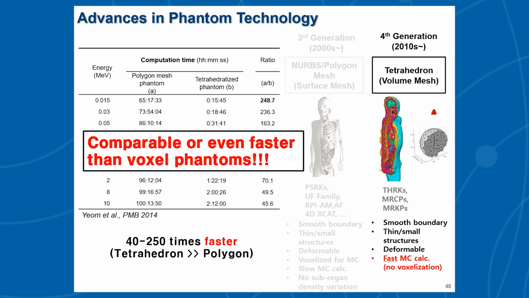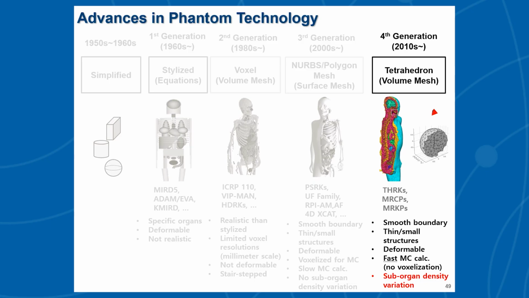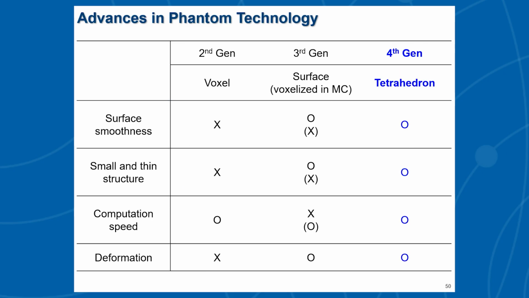In addition, sub-organ density variations can also be represented in the tetrahedral mesh phantom. So the tetrahedral mesh phantom, considered the fourth generation of the computational phantom, provides the most superior performance compared to the previous voxel and surface phantoms.